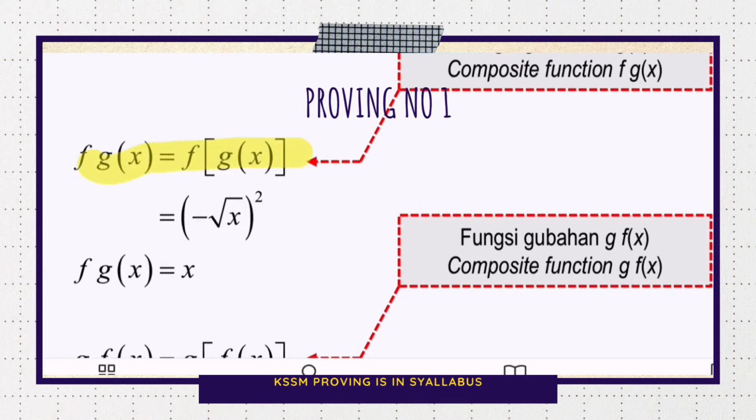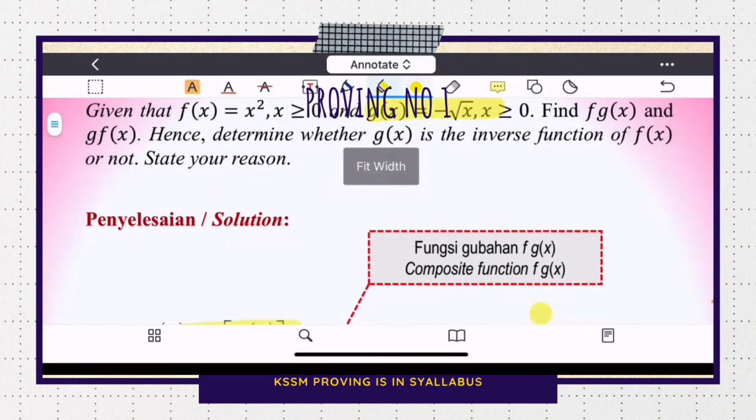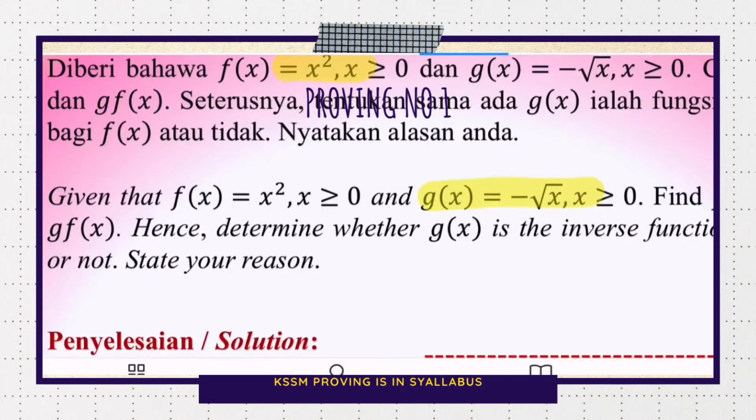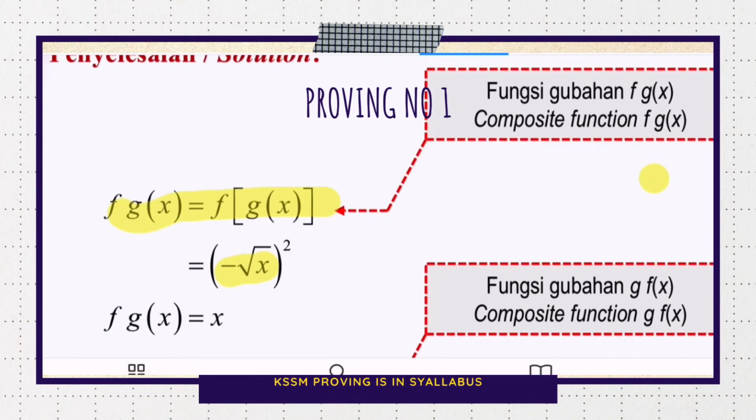Let's go to the function given. g(x) is negative square root x, so we will substitute in. Need to square the whole function of the g(x). And if we simplify negative with square, we get positive, right? Square root x times square root x, you will get x. So that's why you prove that you got fg(x) equal to the x, which is the object.